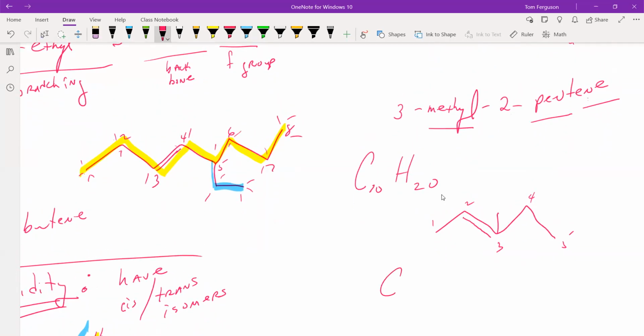That would be C5H12. Okay, we have 3 here. 1 there. None here. 2 here. 3 here. So that's 3, 4, 5, 6, 7, 2, 3, 4, 3, 4, 5, 6, 7, 8, 9, 10, 11, 12.